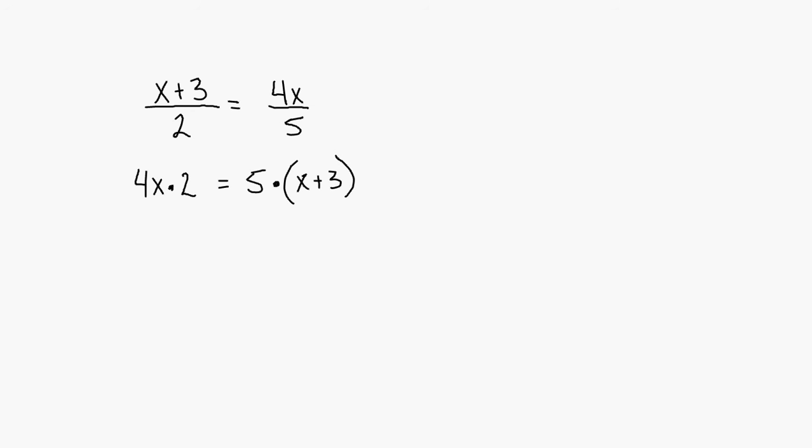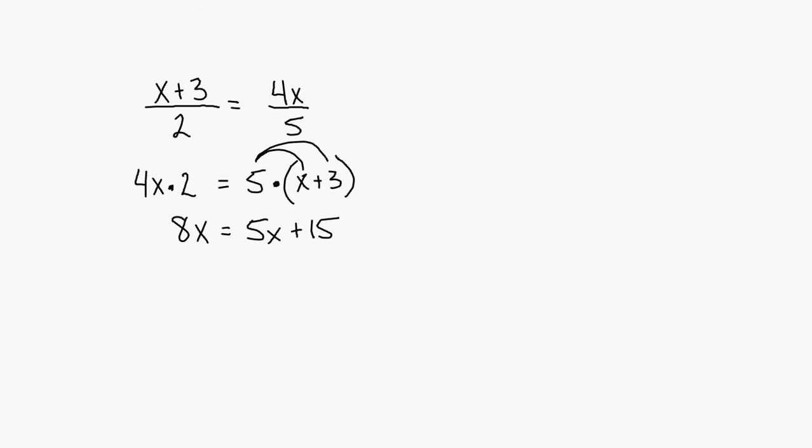So 4x times 2 is 8x. And over here on the right side, now you got to do the distributive property. You've got 5 times x, which is 5x, and you've got 5 times 3, which is 15. And now you just got a two-step equation to finish.